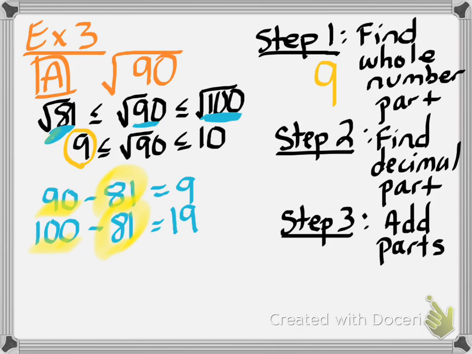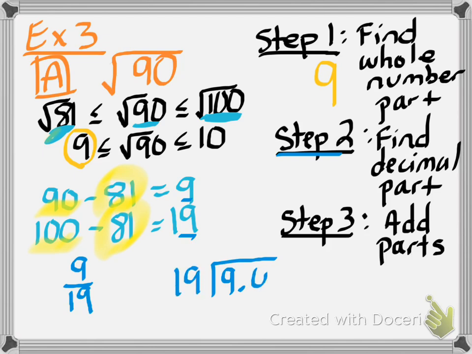Now, step 2, find the decimal part. The decimal part is 9/19. I cannot do that in my head, so let's do it. 9 divided by 19. Add a decimal and 3 zeros because I want to round to the nearest hundredth.